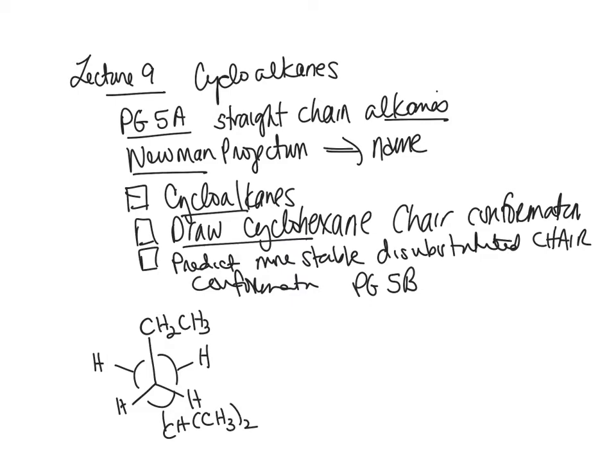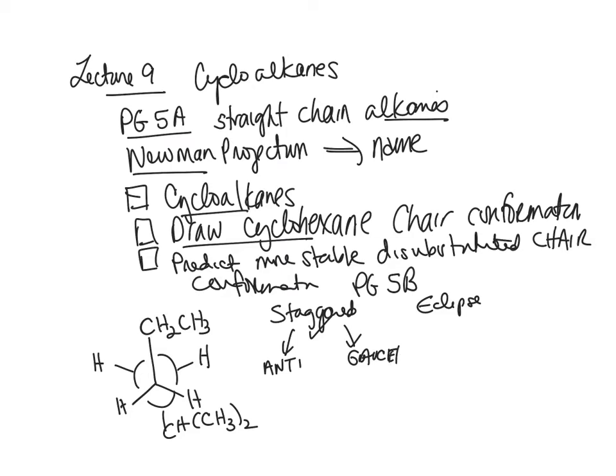If you look at this Newman projection, you can have staggered, or you can have eclipsed. Which one is it? Yes, it is staggered, and in staggered you can have an anti, or you can have gauche.